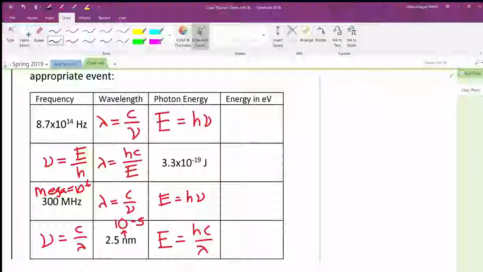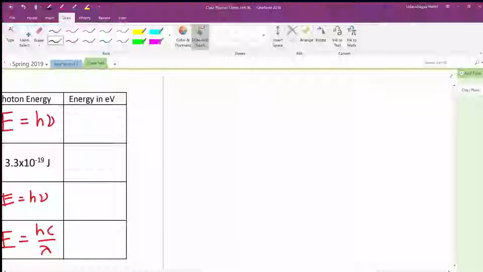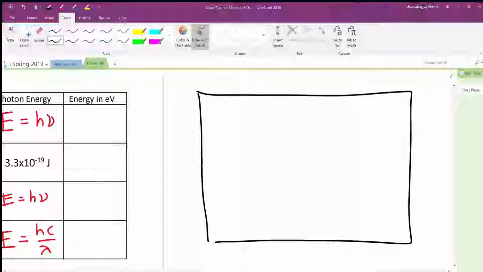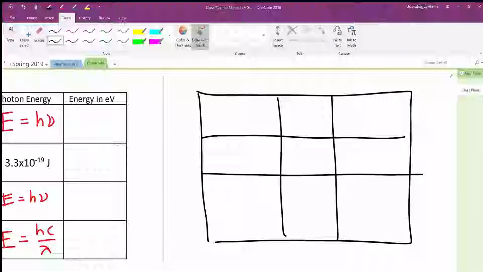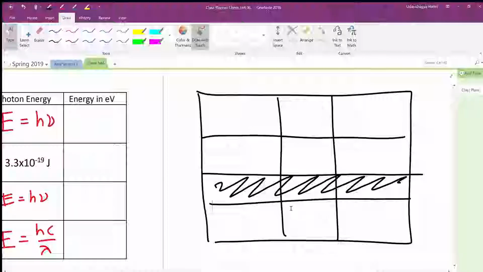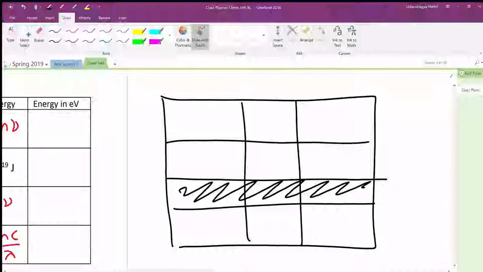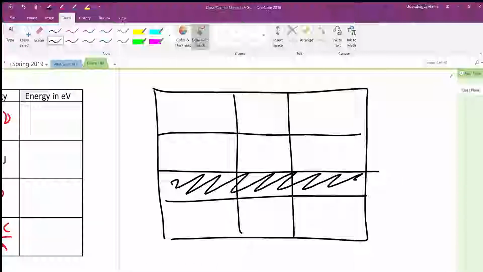So let's do it this way. These are the numbers that I got. And again, I haven't finished entirely everything. I'm not filling in the last row, although I've done it for a few, but I'm just not going to fill it in for now.